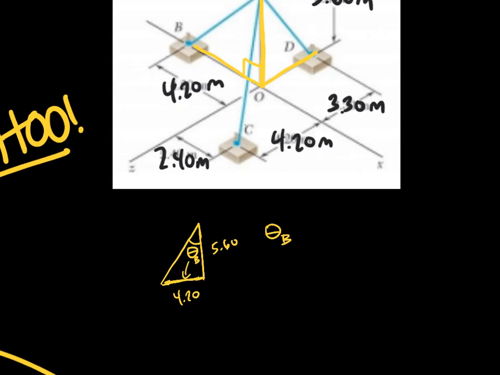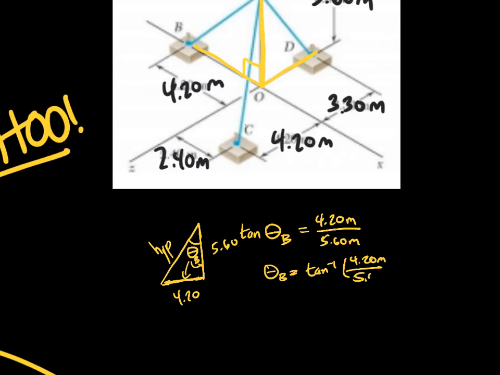Well, I know the opposite side, this is the hypotenuse, and I know the adjacent side. If I know the opposite and the adjacent, that's a tangent problem: the opposite, which is 4.20 meters, and the adjacent, which is 5.60 meters. So theta B equals the inverse tangent of 4.20 meters divided by 5.60 meters.